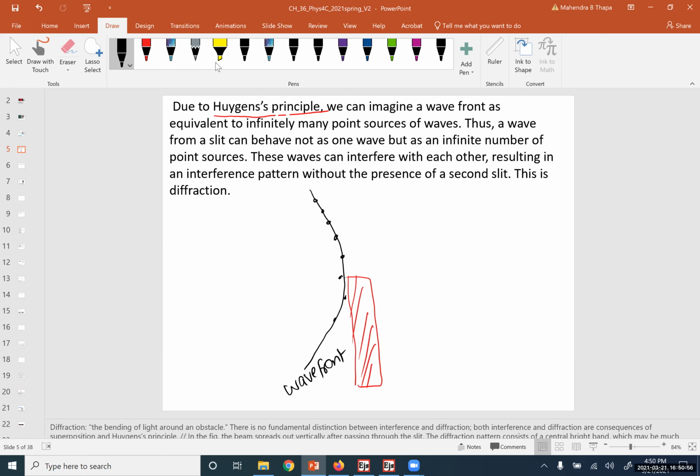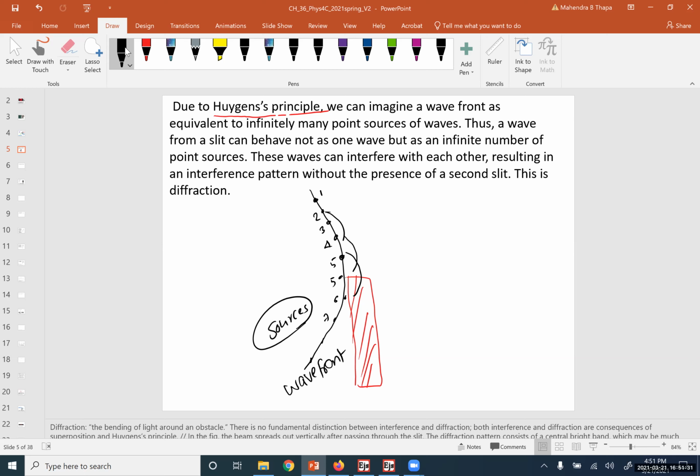This point is a source, this one is also a source, and each again emits light.